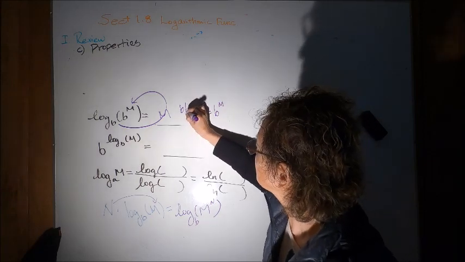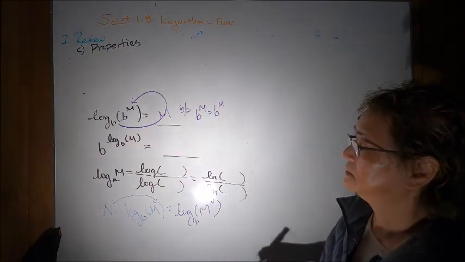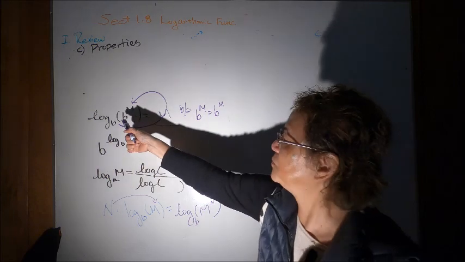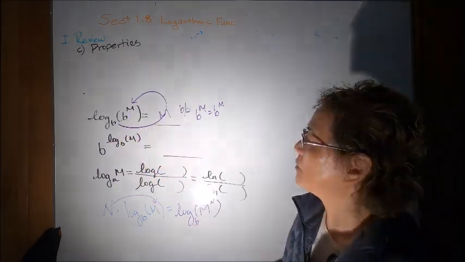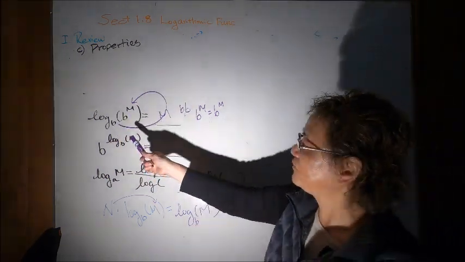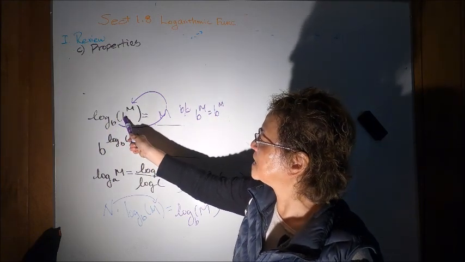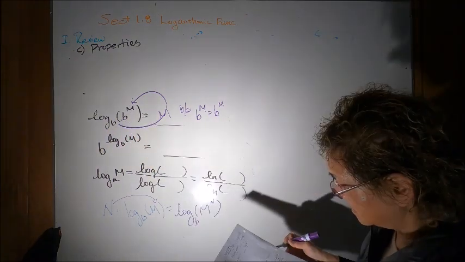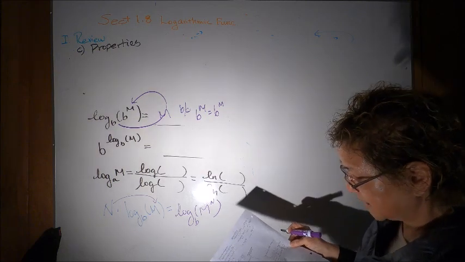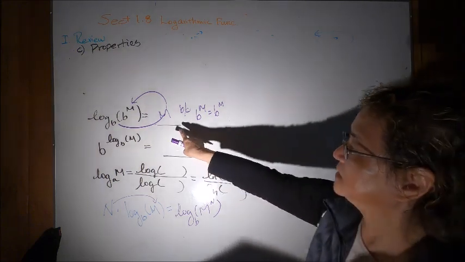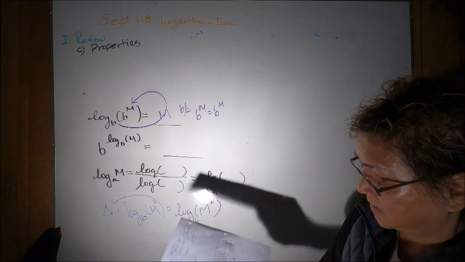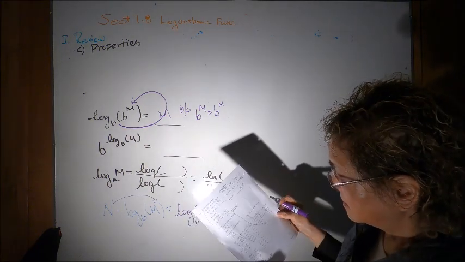Is that right? So you hook b^m to the b^m power. That means if you do the log base b, you have b, same thing, to the same power, then you should get what? The power value. Right?